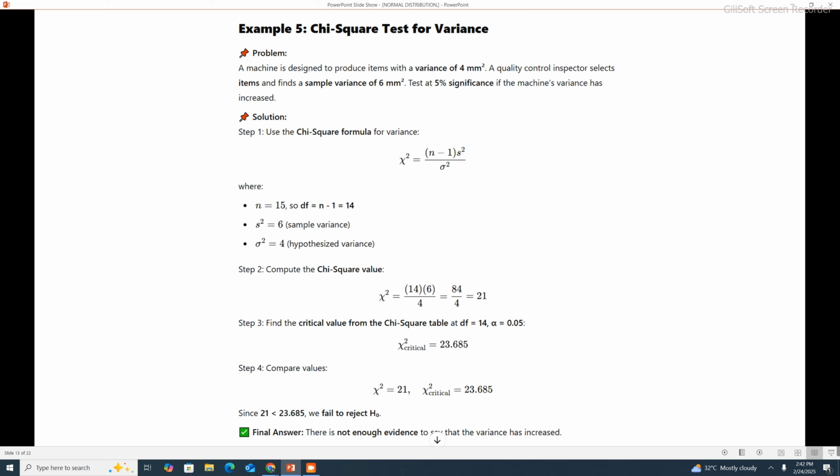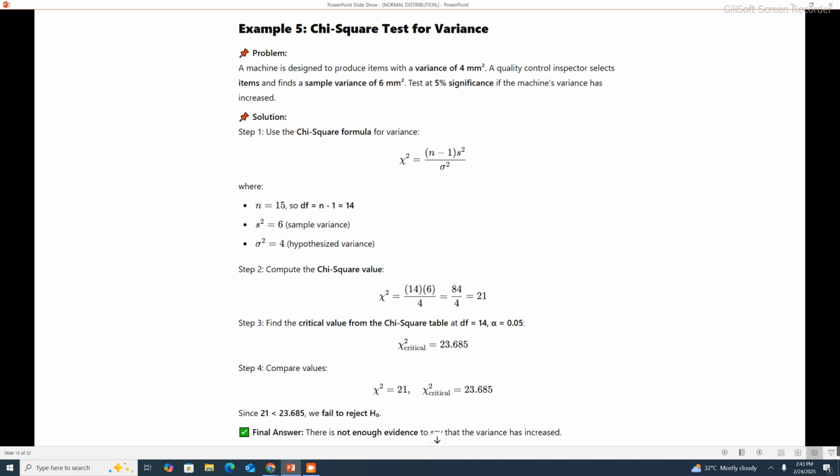Now we should test it. Don't forget, there's a mistake, it was not well shown. He selected 15 items. That means n will be 15. Degree of freedom will be n minus 1, which is 14.